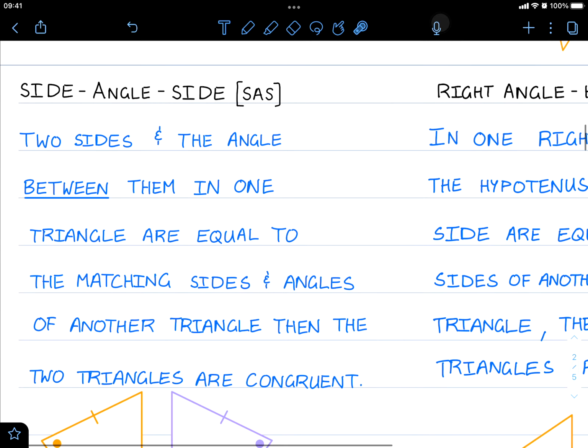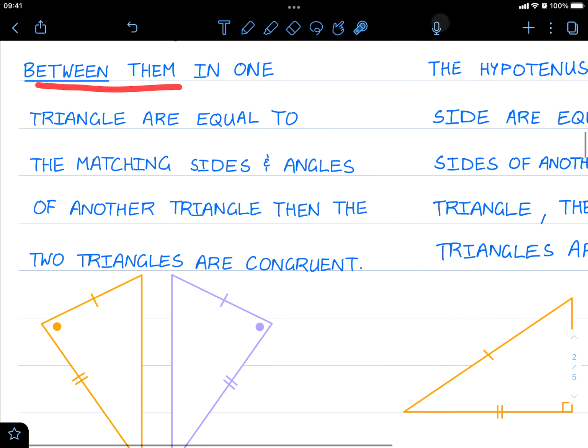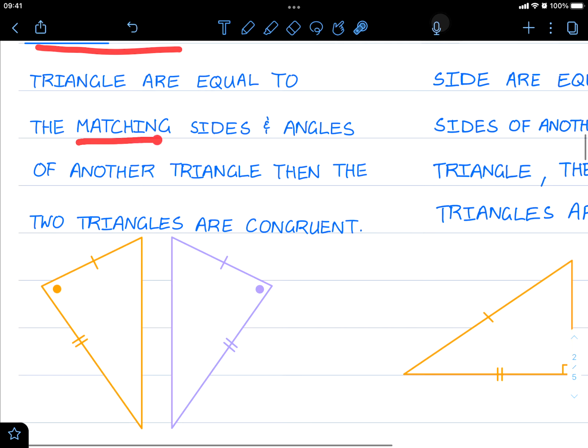Side, angle, side. This one's very important, SAS. And the position of the angle is very important on this one. So we have 2 sides, and the angle between them in one triangle are equal to the matching sides and angles of another, then the 2 triangles are congruent.